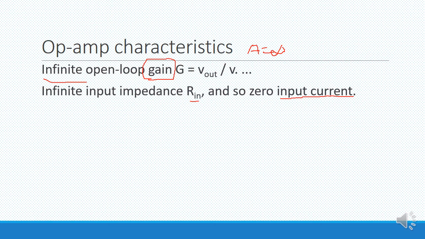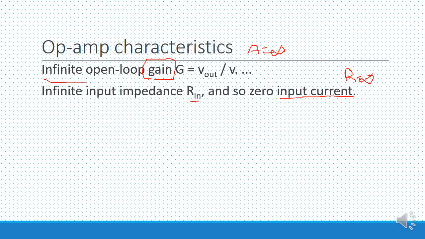It has infinite input impedance. It is very important. Till now what are we telling? High. How high? It is infinity. Always input impedance is infinity. When input impedance is infinity, then what about the current? Current is equal to 0.